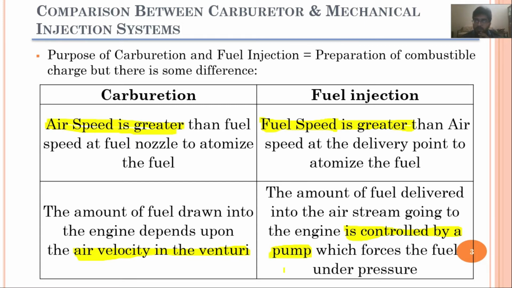There can be a single pump, and there can be multiple pumps as well, depending upon the arrangement of a fuel injection system. I will explain that part later, maybe in this class or maybe in a later class. So these are the main differences between the carburetors and fuel injector systems.